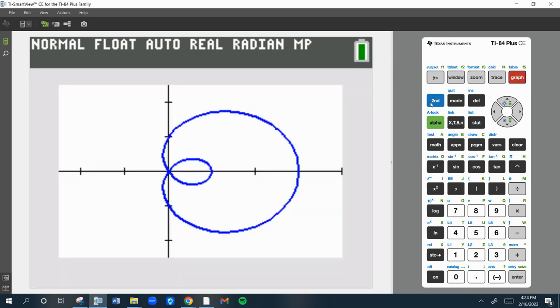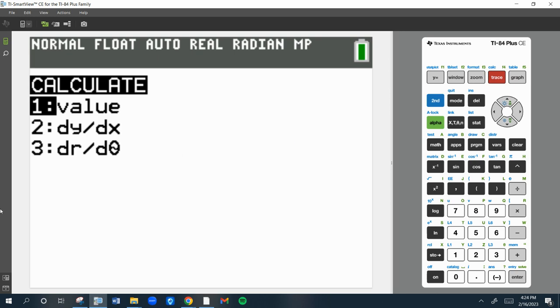So that's it. Now one more thing, because the more information, the better. You notice that there was a dr/dt there, or dr/d theta. That's not what we were looking for, but let's just find out what dr/d theta was at pi. That means the rate at which r is changing. r is the distance to the origin as theta is changing.